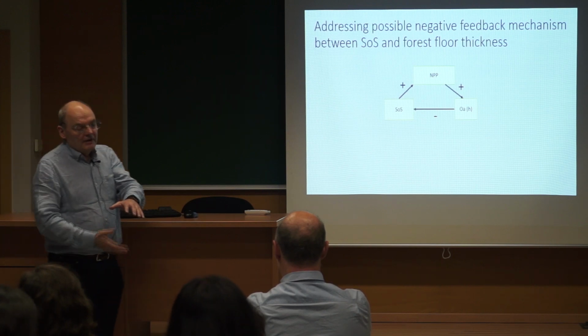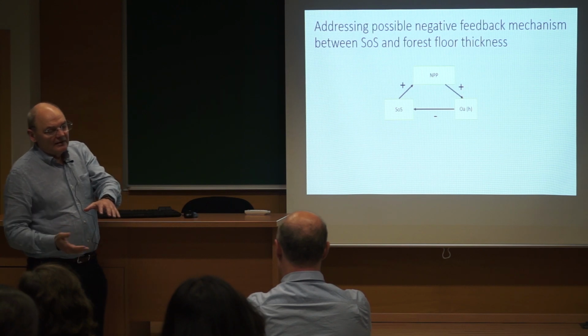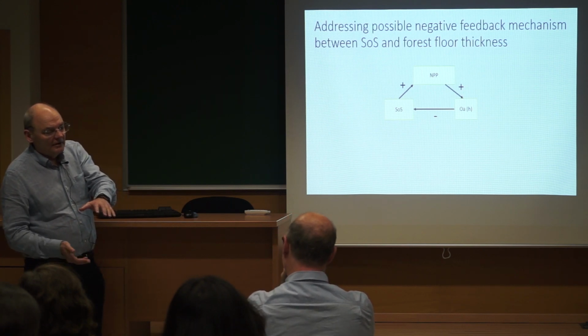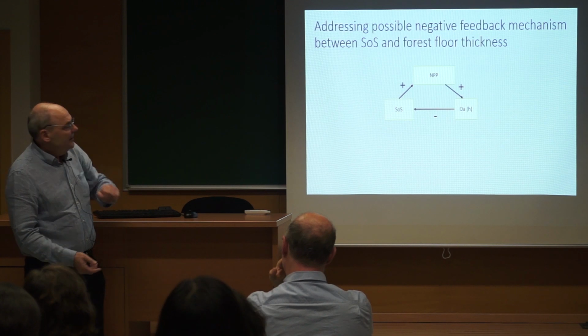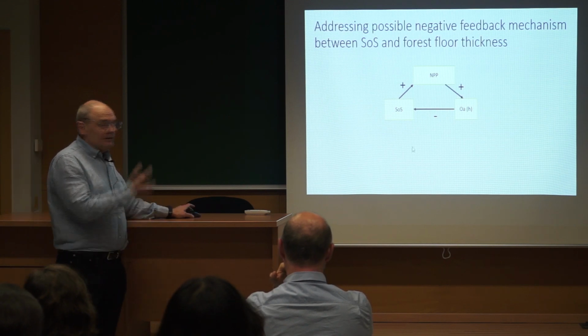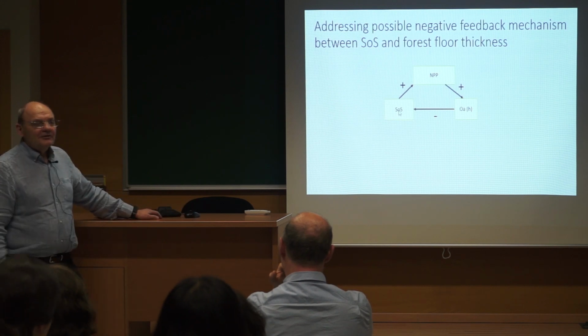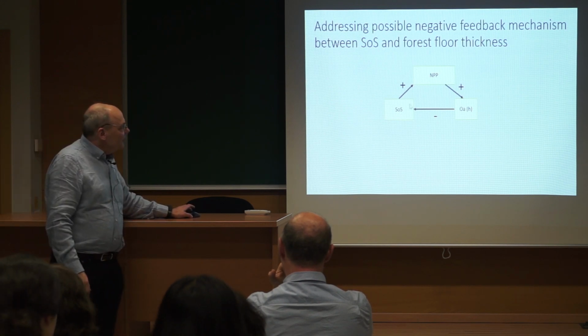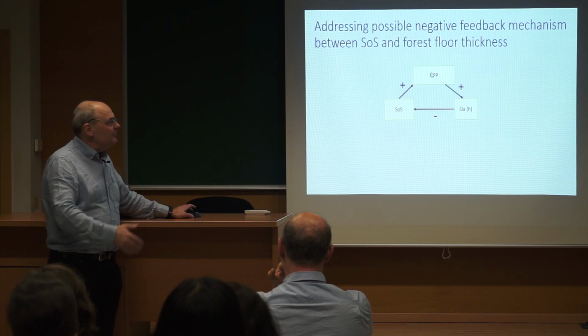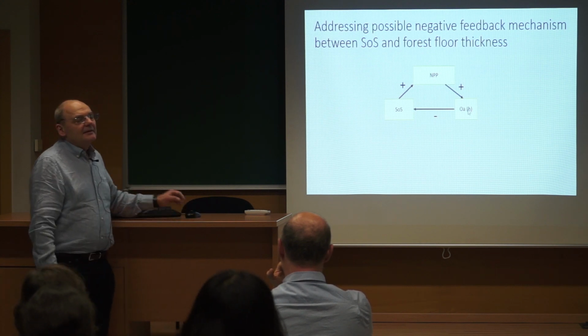So the forest floor, under the same conditions and the same rate of degradation, will become thicker. But a thicker forest floor, according to our conclusion, delays SOS, and that should propagate to NPP, so it should decrease NPP and it should decrease the OA.